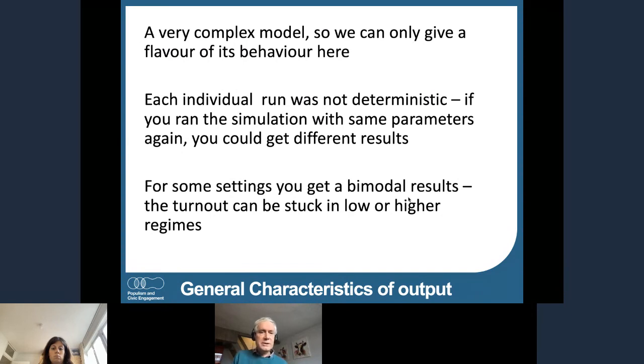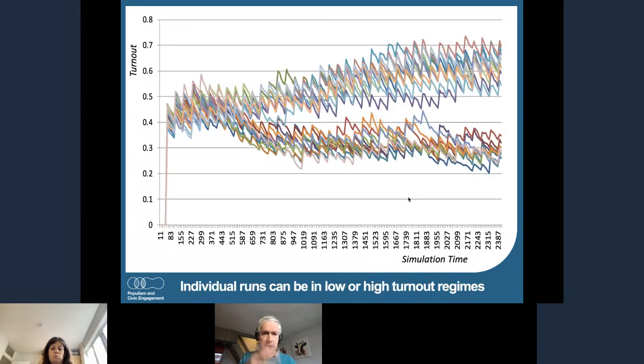Like Ruth's model, each run was not deterministic, and like Simon's model, if you ran the simulation with the same parameters, you get slightly different results. For some settings, you get very bimodal results. The turnout level can be stuck in a high or low regime. Here each line is a different run of the model with the same parameters at the start.